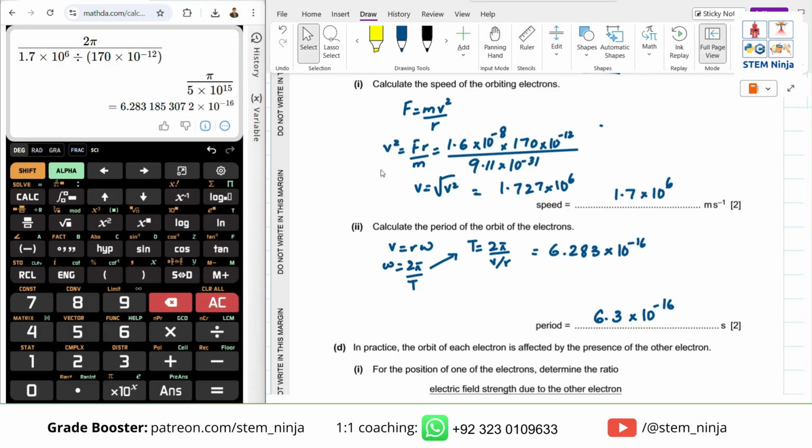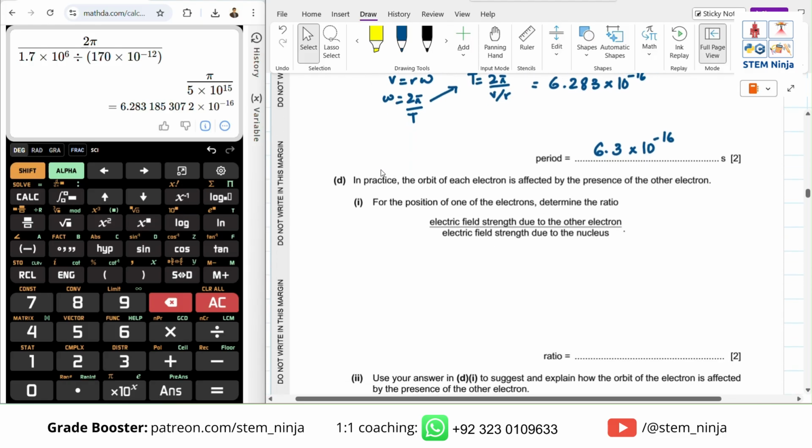Okay, moving on. In practice, the orbit of each electron is affected by the presence of the other electron. For the position of one of the electrons, determine the ratio of the electric field strength due to the other electron and the electric field strength due to the nucleus.